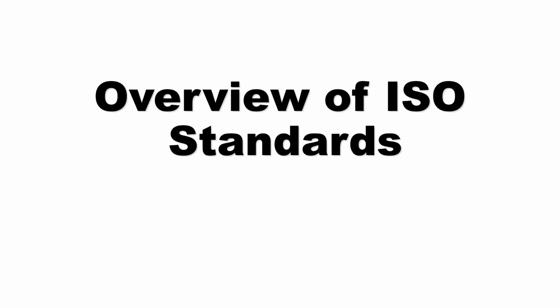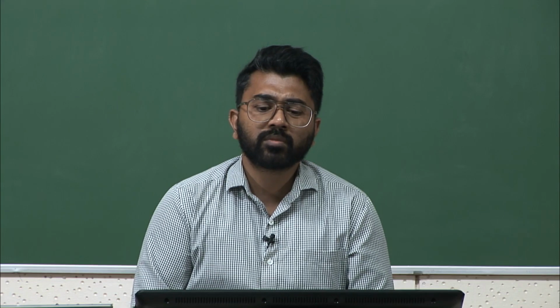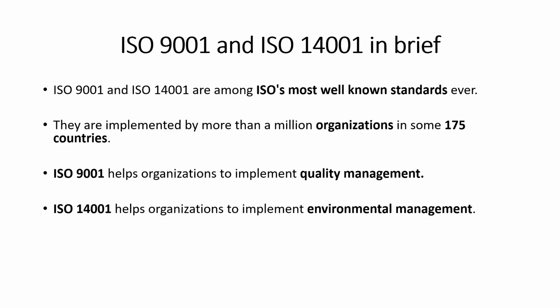So, let us take a look at some of the ISO standards. We talked about BIS for a while, let us look at what the ISO standards really mean. We have been hearing about ISO standards for such a long time, and I am sure many of you are not aware of it. Two important standards when we speak about ISO are ISO 9001 and ISO 14001.